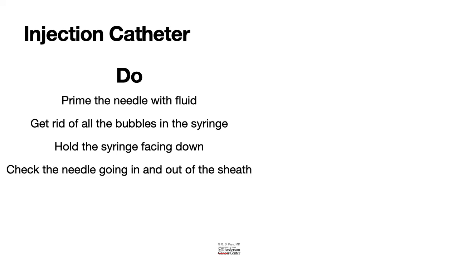Check your injection catheter. Make sure the needle is going in and out of the sheath before you give the injection catheter to the endoscopist, after pulling the needle back into the sheath, so that it is safe and you do not injure the endoscopist.